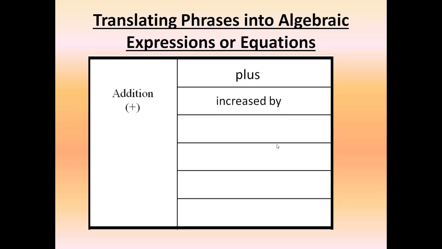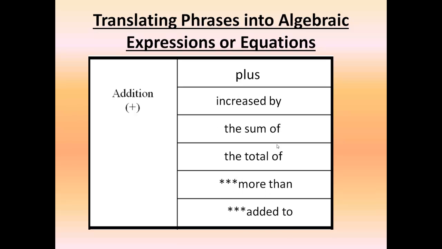Maybe you thought of plus, increased by, or sum, or total. More than, added to. Notice how more than and added to each have 3 stars next to them. Make sure you include those in your notes, and we'll talk more about why these 2 phrases are special in a minute.